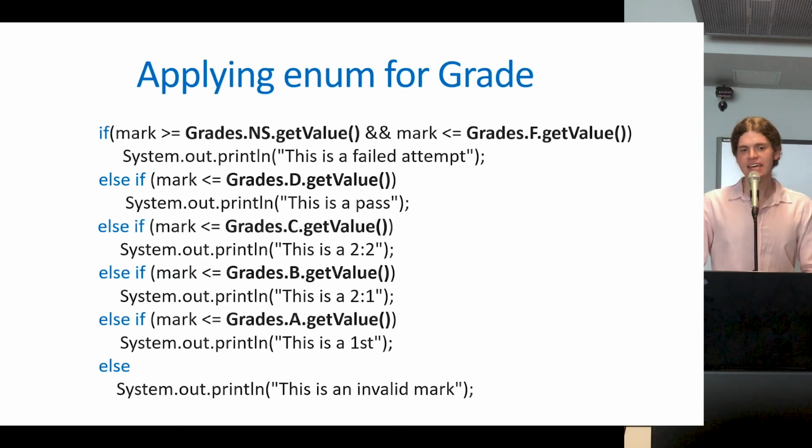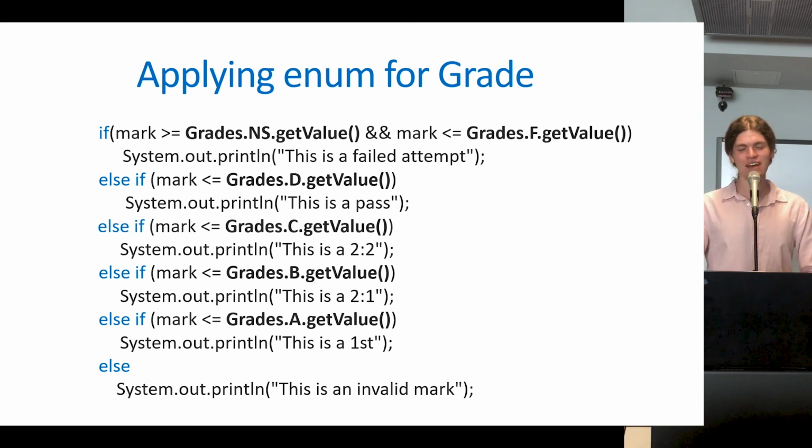So last slide, here we have replaced those constants, and also the actual literal grade boundaries, with the call to the getValue method of particular enumerate values. So Grades.NS, the NS value of this enumeration, we call the getValue, which returns the integer for it, which would be 0 in this case, so that we can then compare against the integer, which is mark.